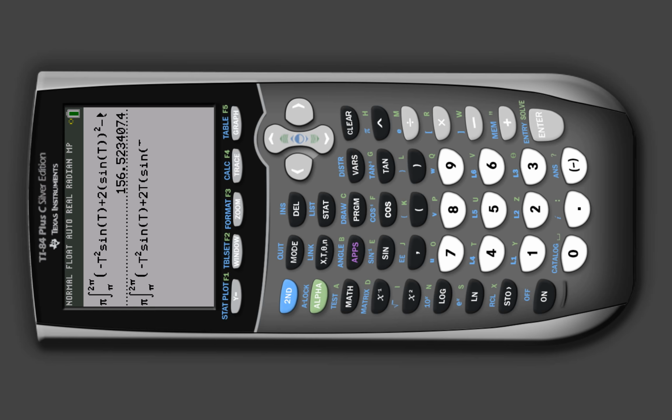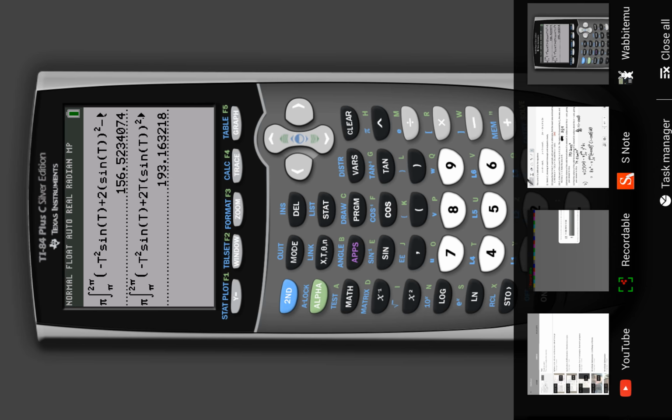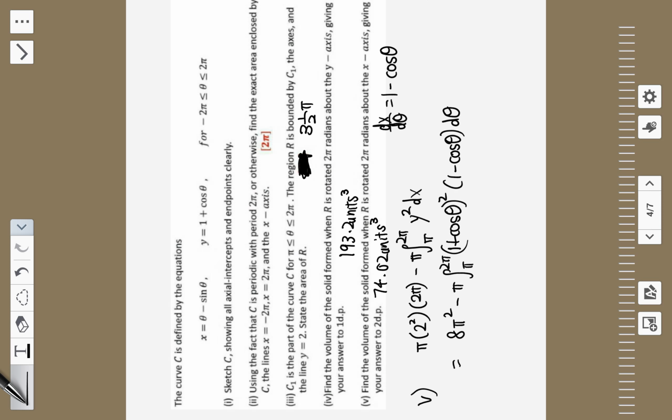I press enter. Do I get the correct answer? 193.163. Okay, let's go back and check. 193.163, is it the correct answer? So 193.163 rounded off to 1 decimal place is 193.2 units cube. So we got it.